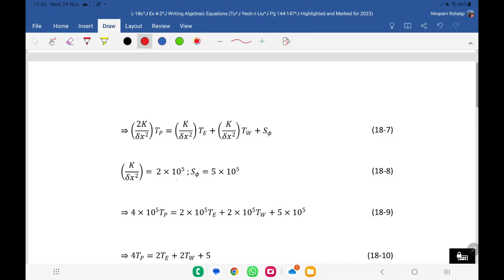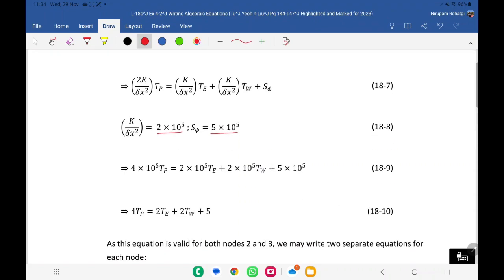K comes out to be 2 into 10 raised to power 5, K by delta x square, and S phi is 5 into 10 raised to power 5. That you can calculate from the data. So you get the equation 4 into 10 raised to power 5 Tp is equal to 2 into 10 raised to power 5 Te plus 2 into 10 raised to power 5 Tw plus 5 into 10 raised to power 5. The equation you get is this.